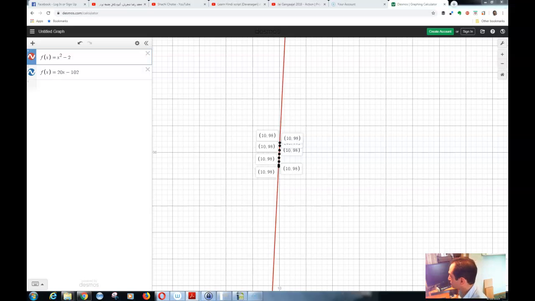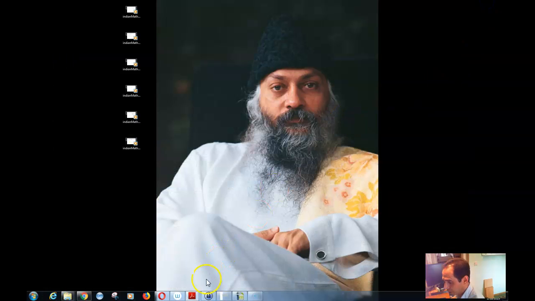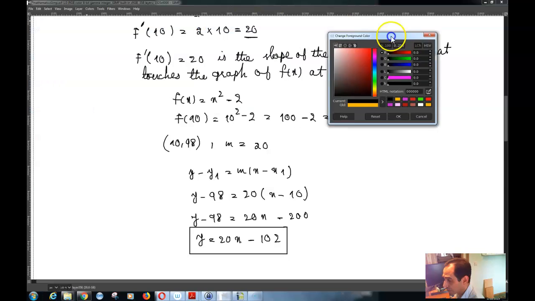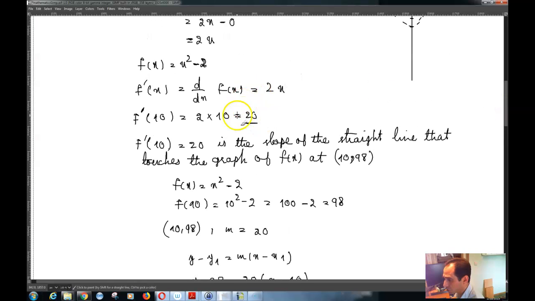The right answer is 20, so basically what that means is that the value of the derivative at x is equal to 10 is 20, the right value.